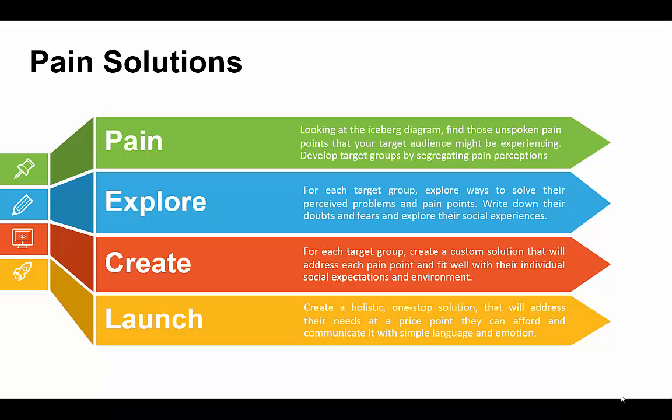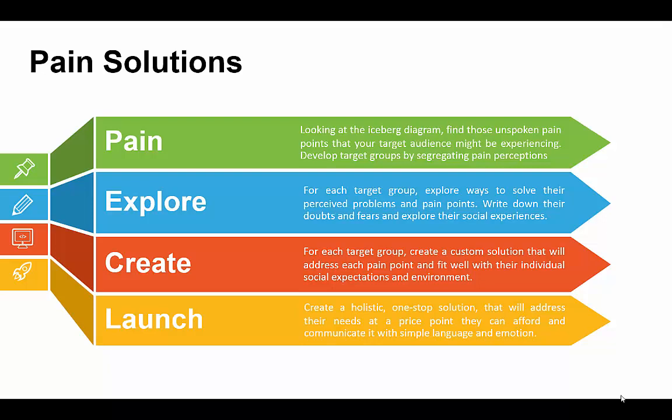So for each one of these groups, we want to create a custom solution that will address each pain point and that will fit well with their individual social expectations and their environment. Then we get ready to launch. We create a holistic one-stop solution that will address their needs at a price point they can afford and communicate it in a simple language with graphics and emotion.